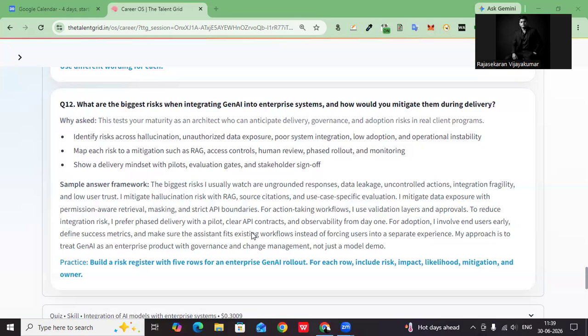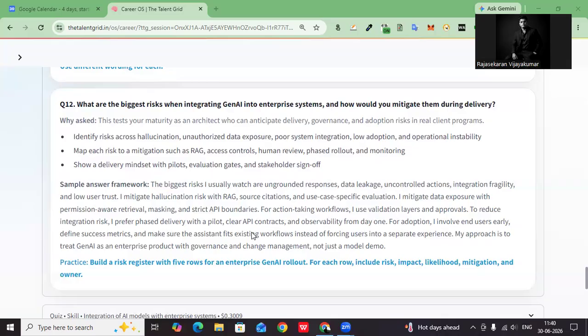I will involve the business in all stages of delivery: in the requirement stage and the feasibility check, keeping them updated wherever required. I will also ask the business to do the customization wherever required. With this, I can reduce the business fear with the GenAI project.